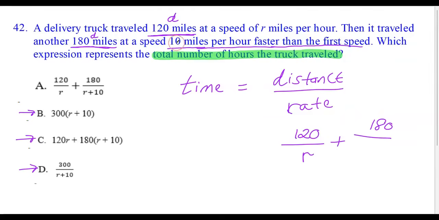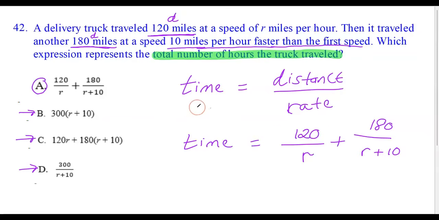Well, the second part of its trip, it says the rate is 10 miles per hour faster than the first speed. Well, the first speed was r from up here. Let's bring this over. 10 miles per hour faster just means I add 10 miles per hour to it. And this represents our total time, which you can now see exactly matches up with A.